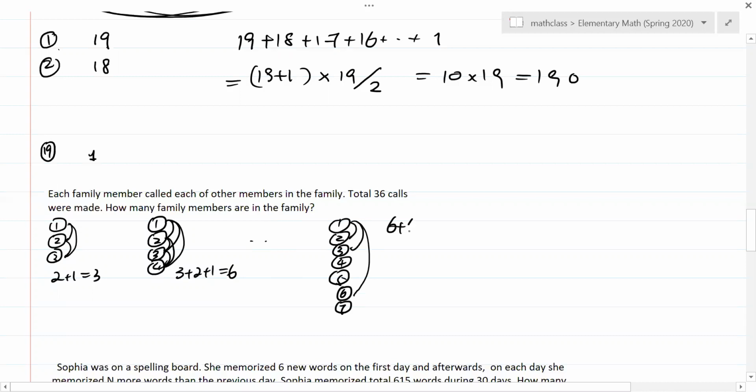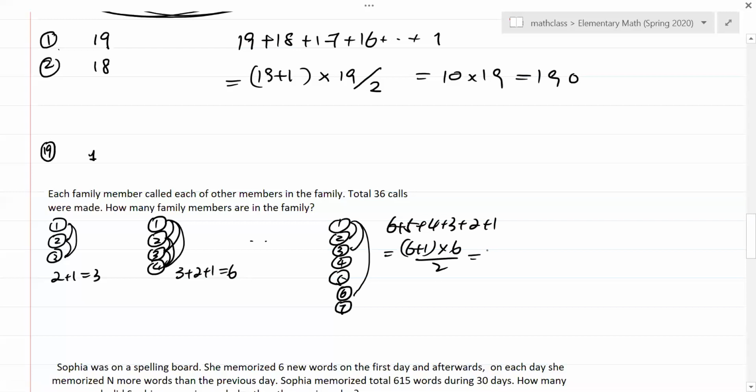So it's 6 plus 5 plus 4 plus 3 plus 2 plus 1. So that's going to be 6 plus 1 times 6 divided by 2, and that is going to be 21. All right, 21, right? It's getting close to 36, as you can see.